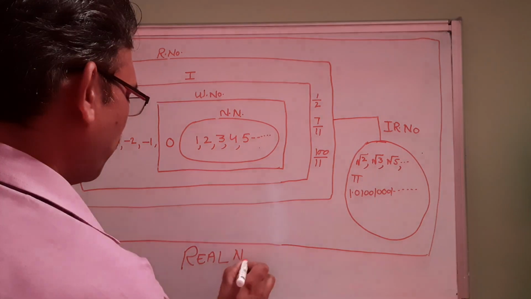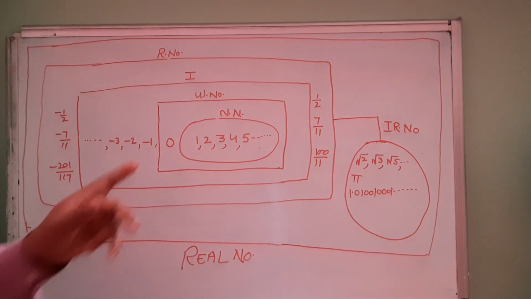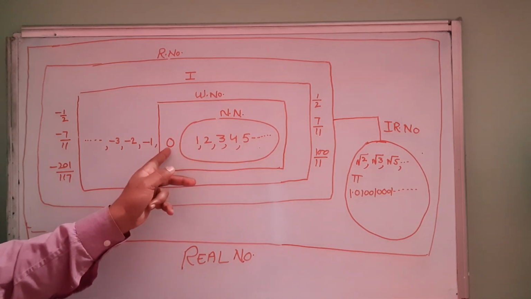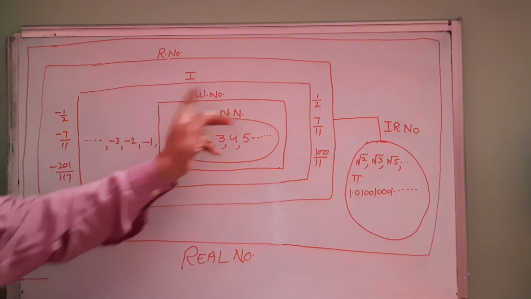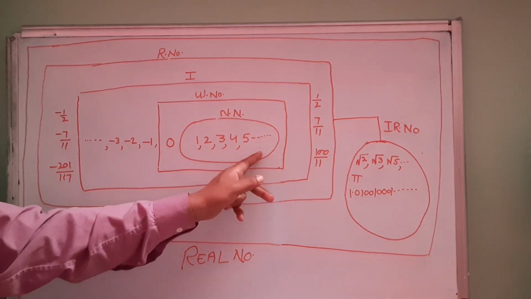So this is very easy to understand. Natural numbers are in one box, 0 is put in, and all of these numbers are placed in this rectangular box: 0, 1, 2, 3, 4, 5.